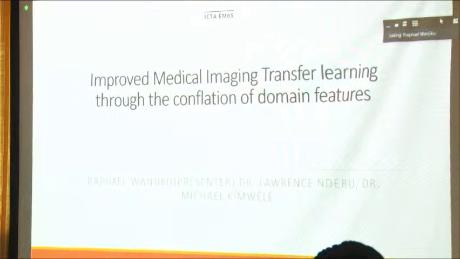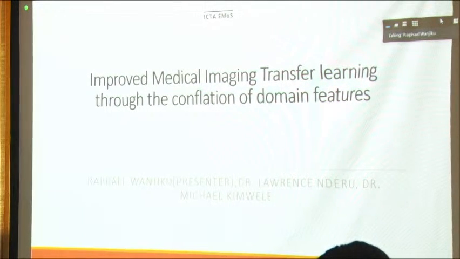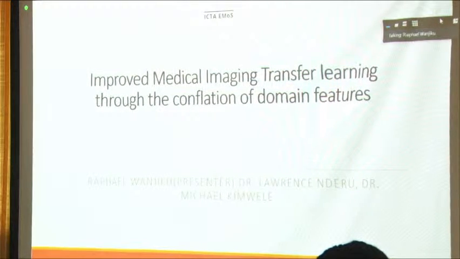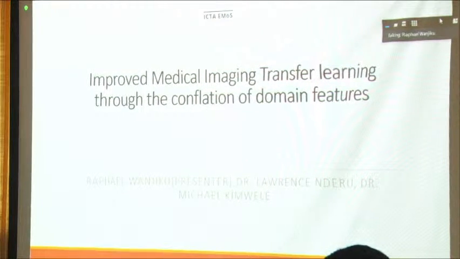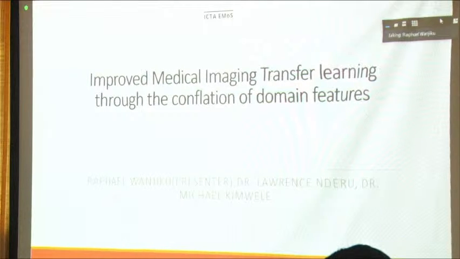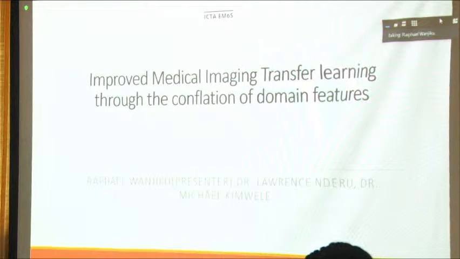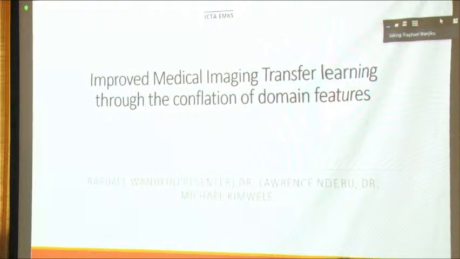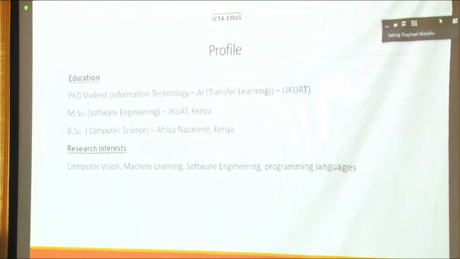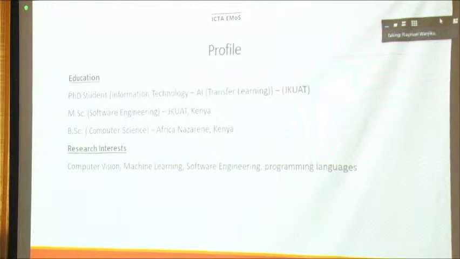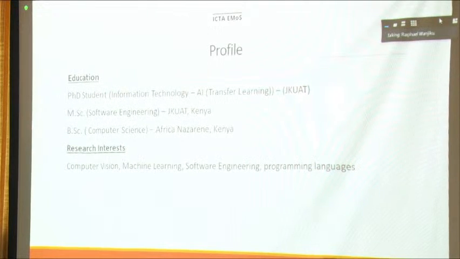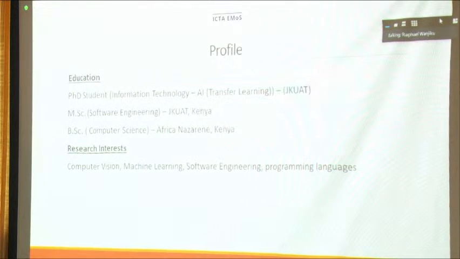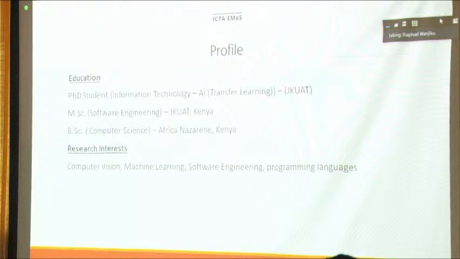Okay, so my name is Rafael Njiko, and my co-authors are Carol and Sindelu and Panaiko Kimole, and we have worked on a topic on transfer learning titled Improved Medical Imaging Transfer Learning through the Conflation of Domain Features. I'm a PhD student in information technology, specializing in AI, looking at transfer learning at Jomo Kenyatta University of Information Technology.